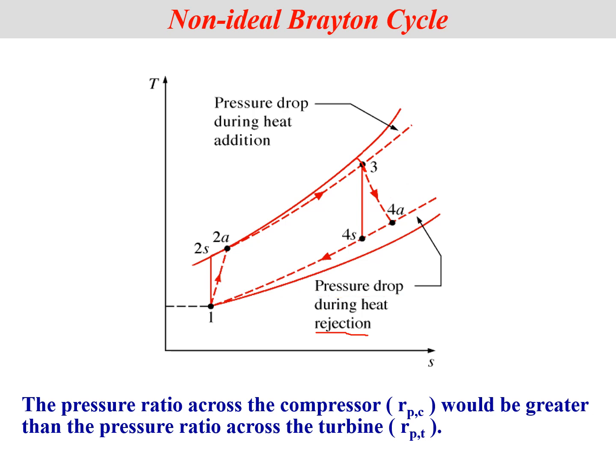So our actual cycle looks sort of like this, whereas the ideal would have looked like this.